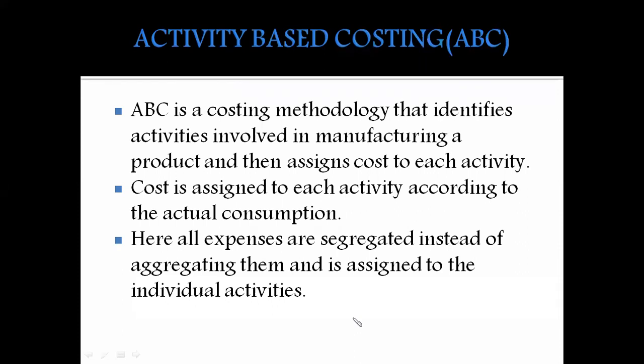That means such expenses will not be assigned to product B. But in a traditional method, product B would also be charged with all those extra expenses which were actually not incurred by product B. So activity-based costing is simply identifying various activities and then assigning the cost according to them.